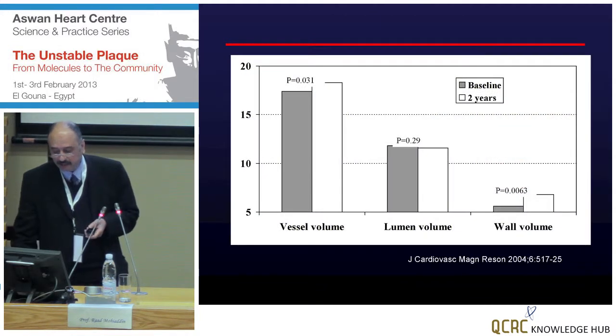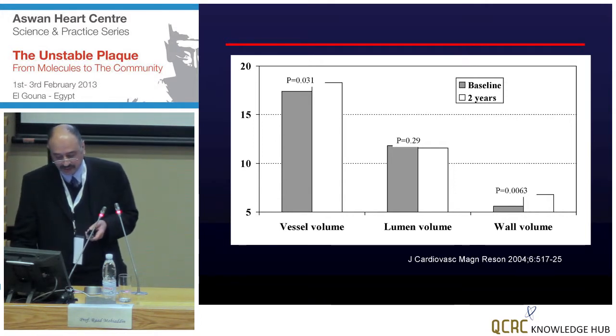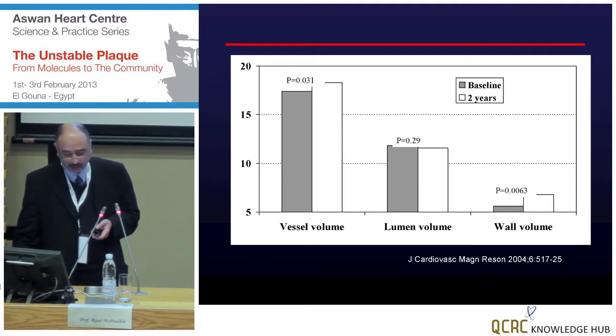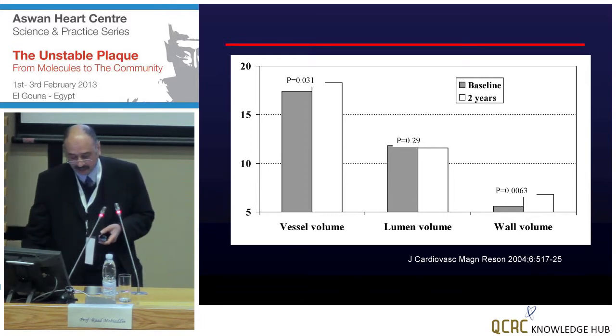When you look at the baseline and 2-year follow-up study, there is no significant change in the vessel volume or the lumen volume, but there is a significant change in the wall volume. That tells you that there is positive remodeling in arteries like this.